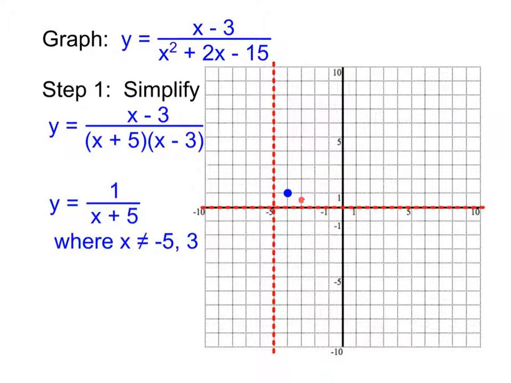Notice it's all relative to where those asymptotes intersect. Or I could go over 3 and up a third, or over 4 and up a fourth, or I'll actually go over 5 and up a fifth, just because it's a little bit further out, might make me a little bit more accurate. And I can do the same thing going over a half, going up 2, or going over a fifth and up 5.